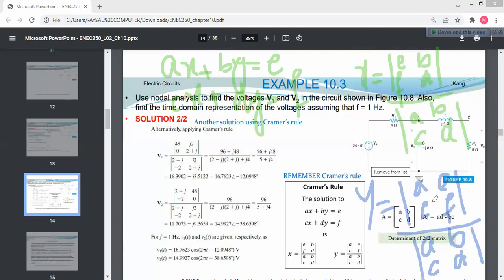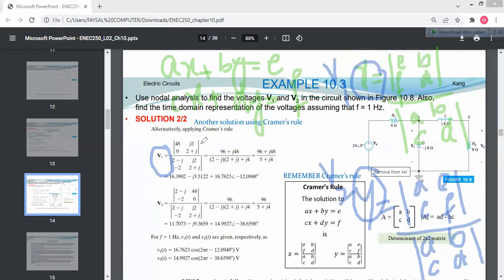For this system, my x and y values are V1 and V2 respectively. So I have to write V1, which will be equal to 48, j2, with 0 and 2 plus j, with the absolute value, divided by 2 minus j, minus 2, j2, and 2 plus j.